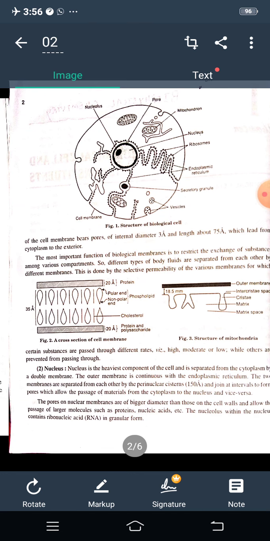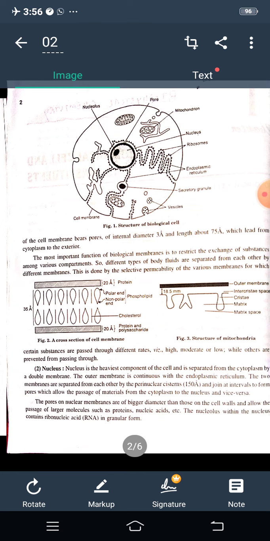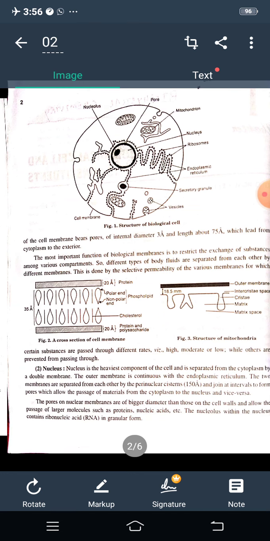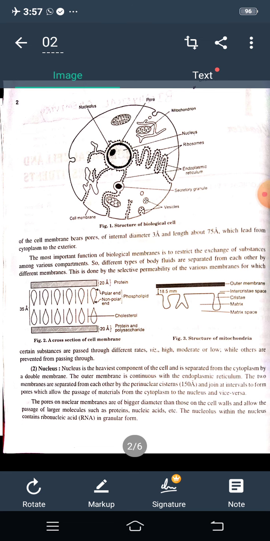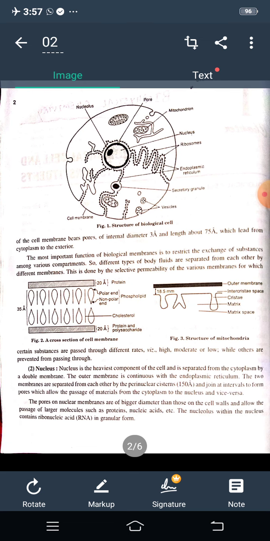As seen in the structure of the biological cell, there is centrally the nucleus, and then pores, mitochondria, ribosomes, as shown in the figure first. The most important function of the biological membrane is to restrict the exchange of substances among various compartments, so different types of body fluids are separated from each other by different membranes.